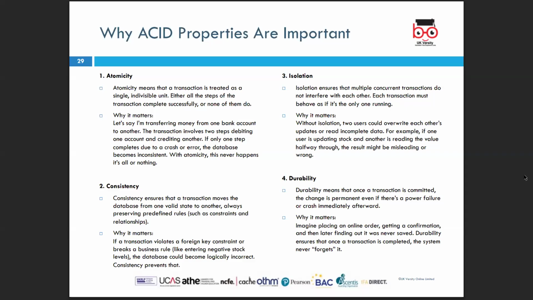Each transaction must behave as if it's the only one running. Durability. This means that once a transaction has committed, the changes are permanent, even if there's a power failure or a crash immediately afterwards.